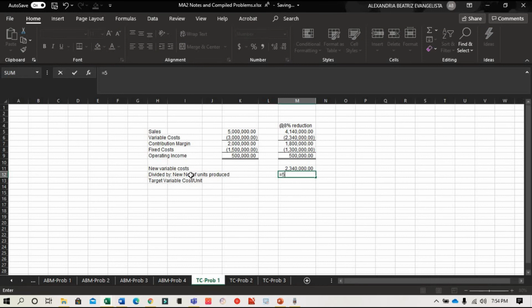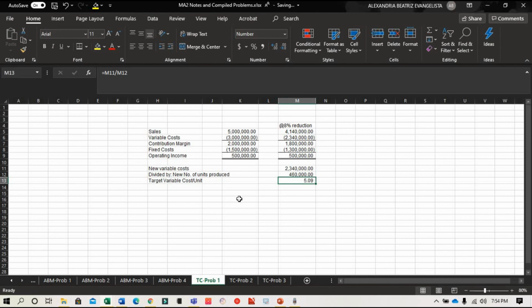This is 2,340,000 divided by 500,000 multiplied by 0.92, and that would give us 5.09 variable cost per unit. So that's how you answer for problem number 1.